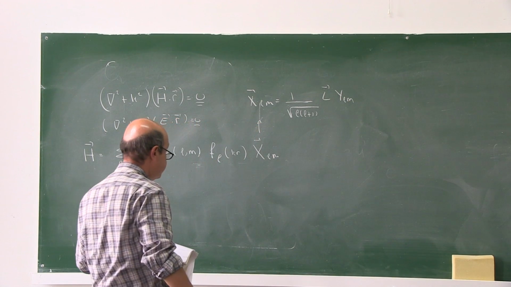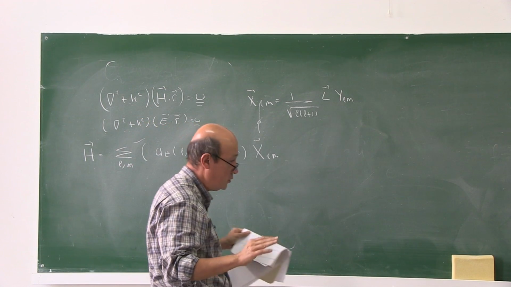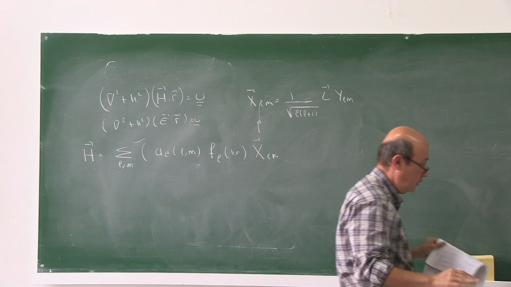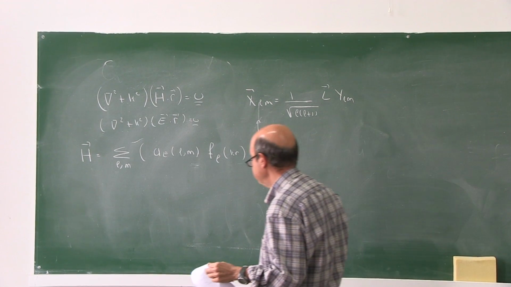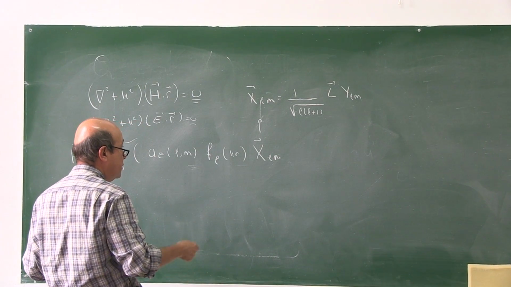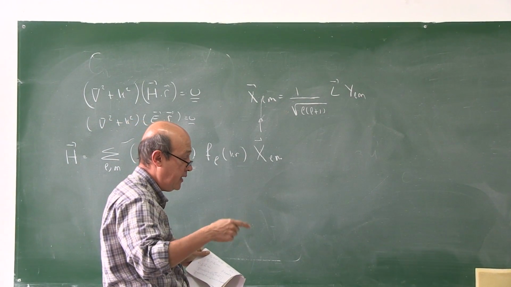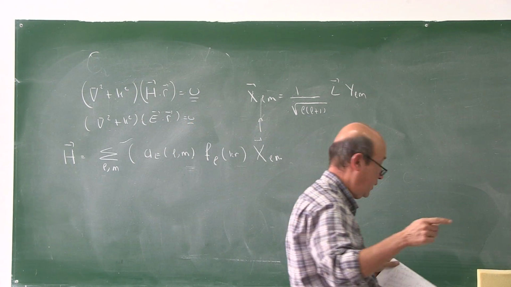L is the angular momentum operator, but we are just using the eigenvalues. So this is a tool: we use L in order to use the eigenvalues, because we know that L squared Y_Lm is equal to L times L plus 1 Y_Lm.